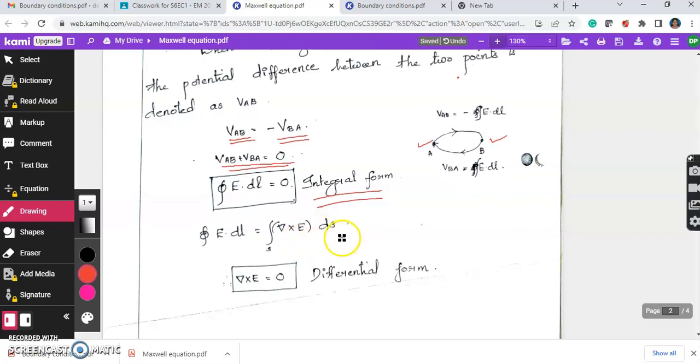Then according to Stokes' theorem, we can write the line integral E dot dl is equal to the surface integral del cross E ds. If the line integral E dot dl is equal to 0, then the right hand side will also be equal to 0. That means del cross E is equal to 0. This is actually the differential form of the third law.